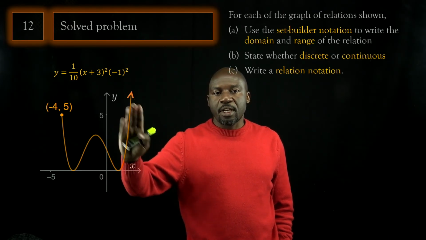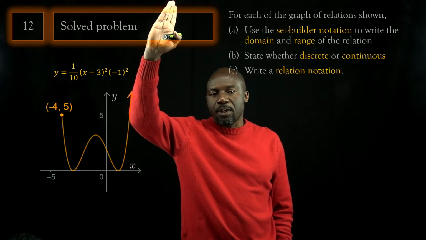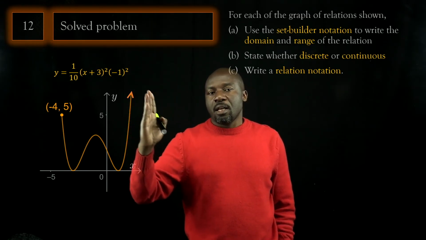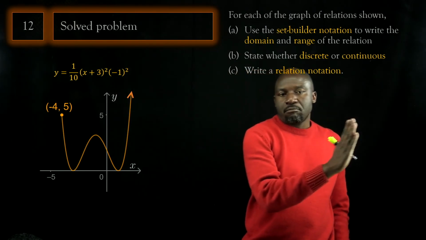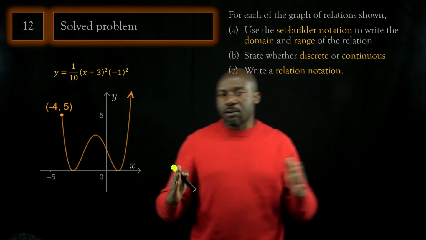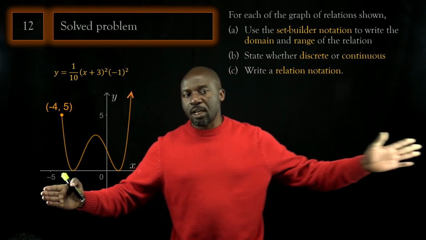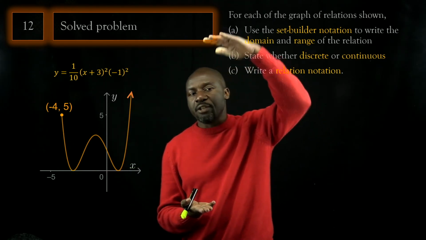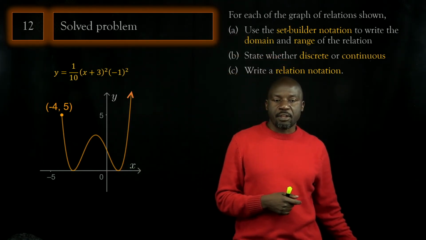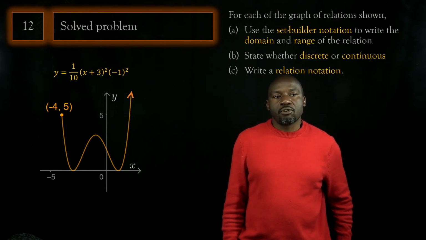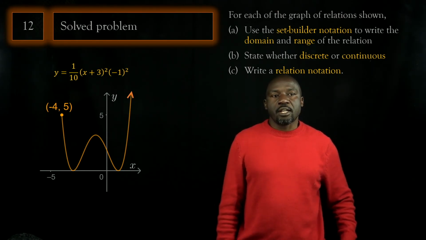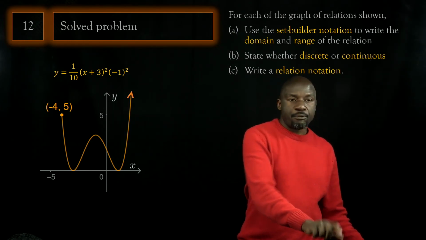When you see an arrow there, it means this continues on to infinity. So given that, if it is continuing on to infinity, what must be the domain? Where does the domain begin and where does it end, and what about the range? Write down the domain and the range in set builder notation, decide whether this is discrete or continuous, and then write a relation notation for it.